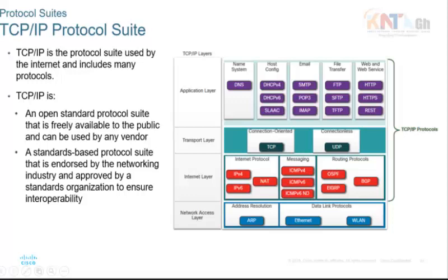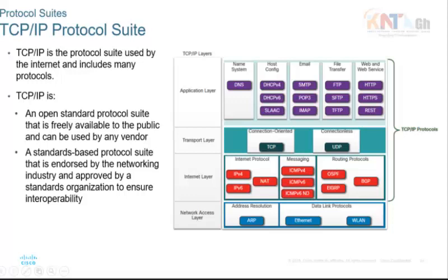Now, when you come to the transport layer, we have the Transmission Control Protocol, which is connection oriented, and then we have the User Datagram Protocol, which is a connectionless protocol. And then when you come to the Internet layer, you have Internet Protocol version 4, Internet Protocol version 6, and then you have Network Address Translation.